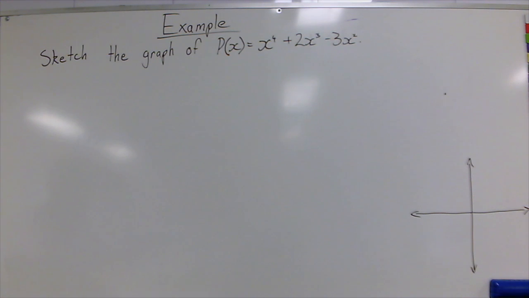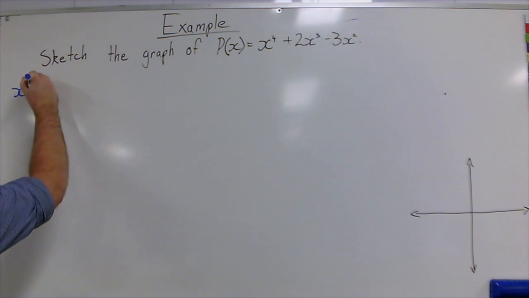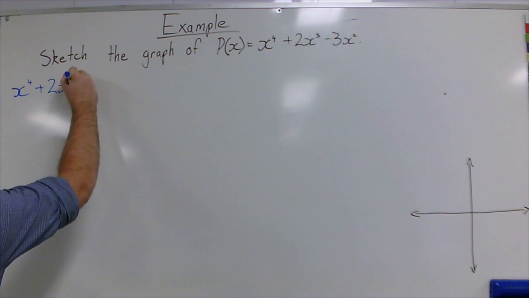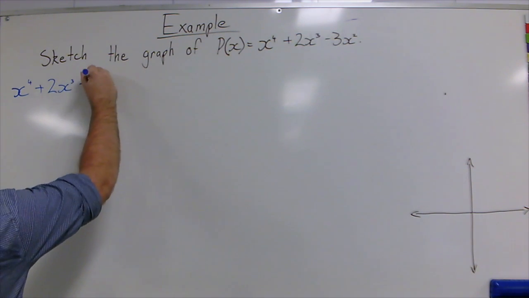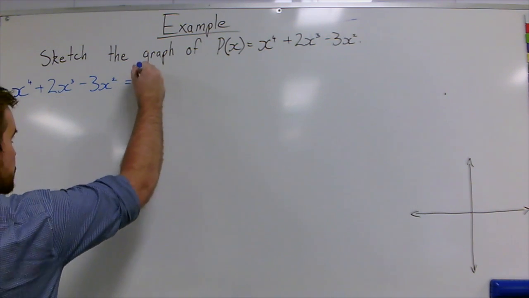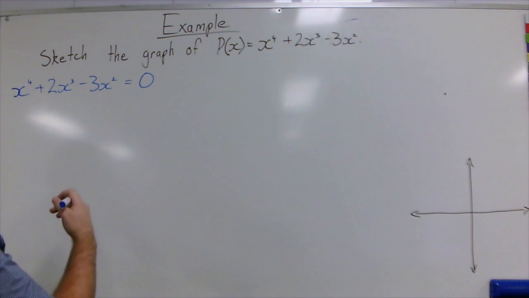So to start off with, we're going to go through and try and find our x-intercepts. Now remember, our x-intercepts are going to be when y equals 0 or p(x) equals 0. So we can rewrite this as x to the power of 4 plus 2x cubed minus 3x squared equals 0. Straight away I can see x squared goes into every term, so I can factor that out.